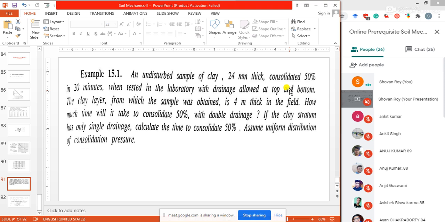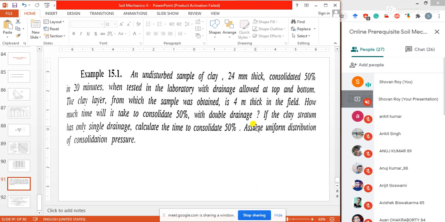But when your drainage is single drainage, your time will be high, because you are allowing the pore water to drain from the soil from one side only. In double drainage you are opening both sides, so much more water is expelled from the sample. In single drainage, expelling of water from the soil sample is very low, so much more time is required than in double drainage.